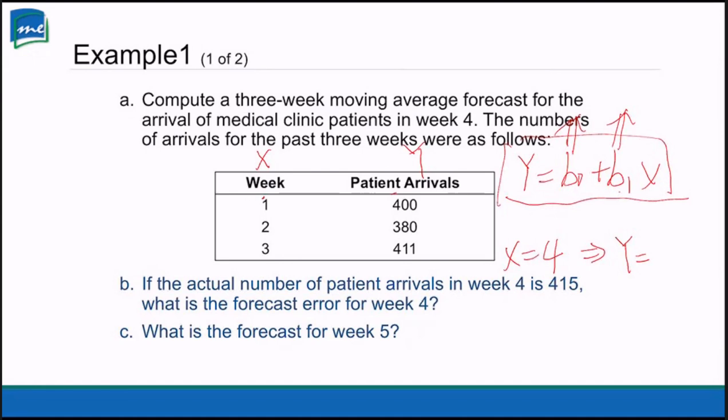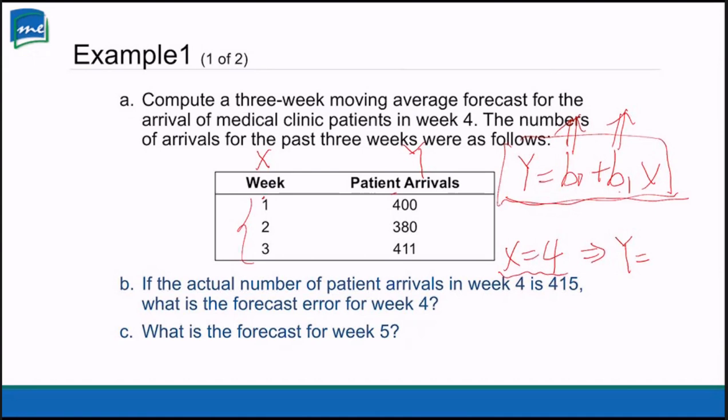For this specific example, we obtain them from the historical data we have for the first 3 weeks. We use those data to compute b0 and b1, obtain the formula, and then make x equal to 4, which means we are making a forecast for week 4.